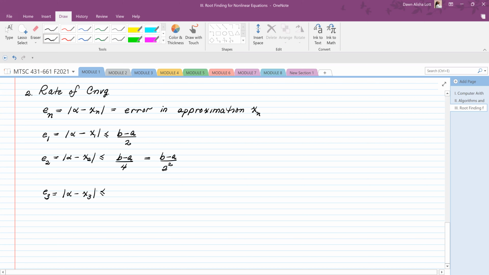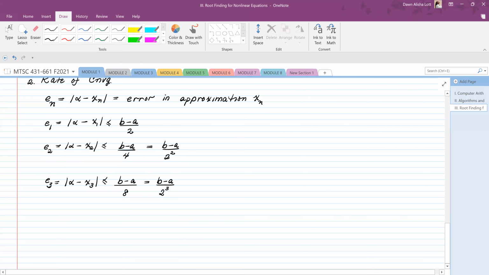Now I've chopped my interval so small that my root is within an interval only the size of b minus a over 8, so this is b minus a over 2 cubed. As you can see, we can start to develop a pattern.